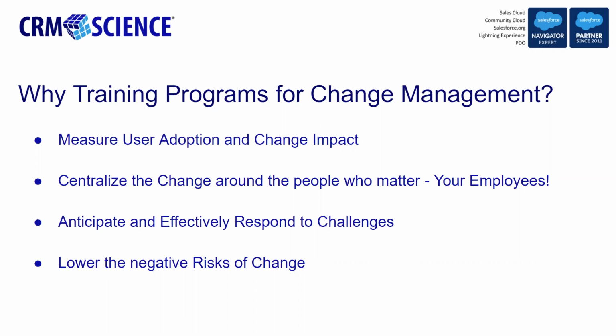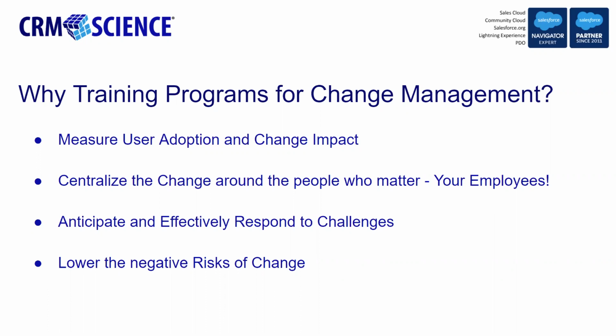Some of those include being able to measure, like I mentioned before, the actual user adoption and the impact that the change is having on the organization. If you make a plan up front for how you want to coordinate and carry out your training program, you should also plan in ways to measure the adoption and how the change is actually impacting everything.